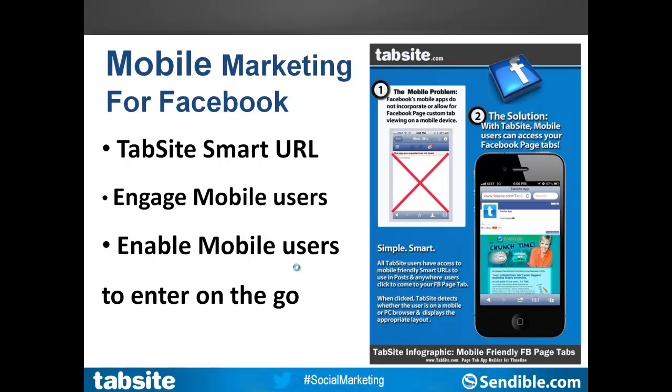So number one is what you see by default if somebody tries to go to a Facebook tab link on most devices, but number two, using our smart URL, which we offer to you free for every custom tab you're doing, they can see it, and they can enter, they can participate in that contest on their mobile device. All right, so engage them, and TabSite is one of the only ones to provide that mobile URL so that engagement can happen no matter what device they're on.